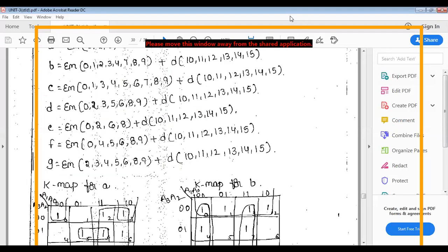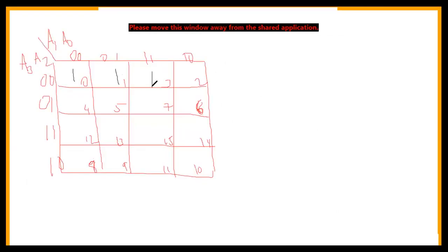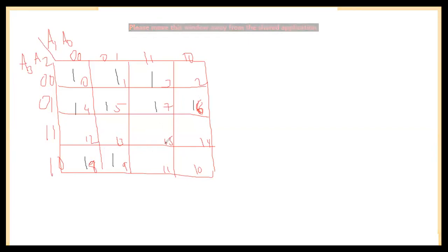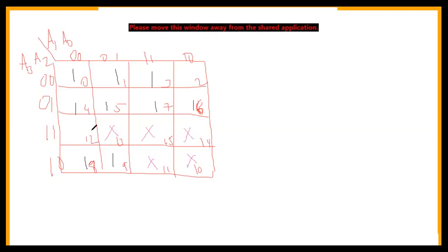These are the minterms we have: 0, 1, 3, 4, 5, 6, 7, 8, 9, and the remaining, from 10 to 15, are don't cares. First of all, you can see whether the minterms are covered or not.